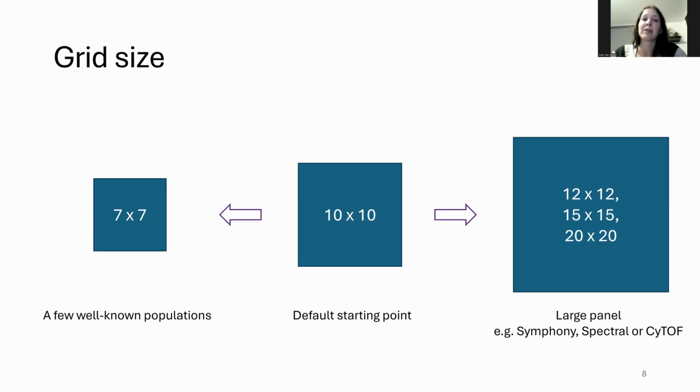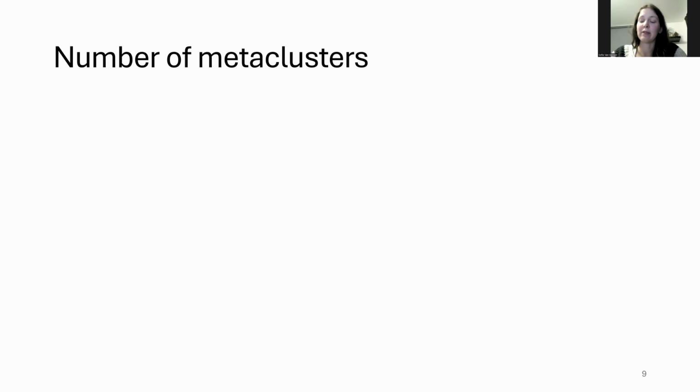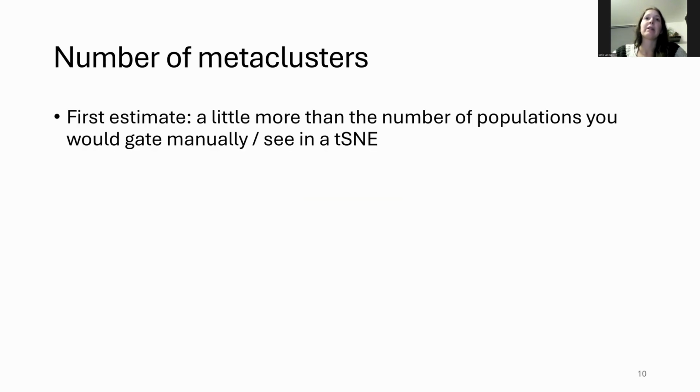Once the clusters are there and the self-organizing map is learned, we still need to get to clusters that are actually of biological interest. And to do that, we use this meta-clustering step in FlowSOM. And there, the main idea is that you want to have a bit more than what you would actually expect to be there.